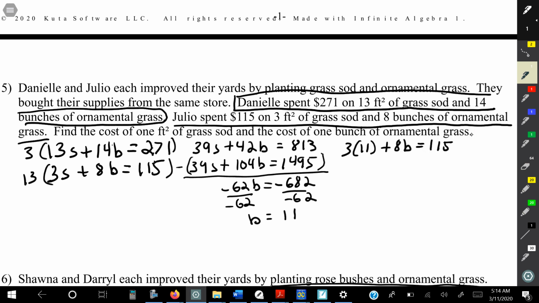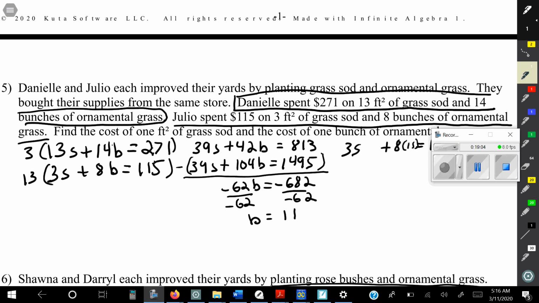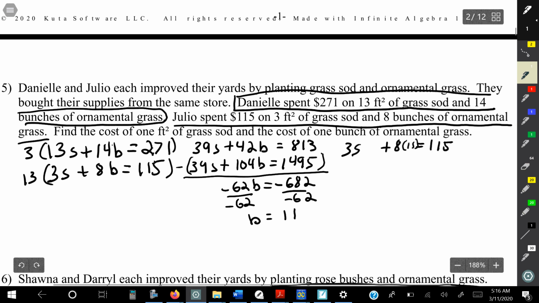Okay, so now I'll do 3 times 11, and I'll get, okay, made a slight mistake there. Plugged it into the wrong variable. So right here, I should put the 11 here.